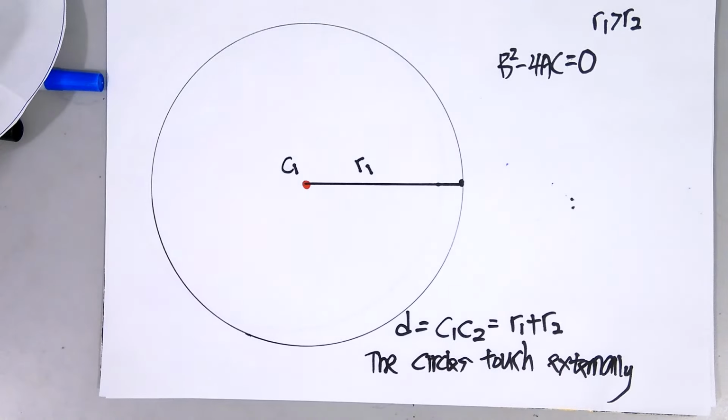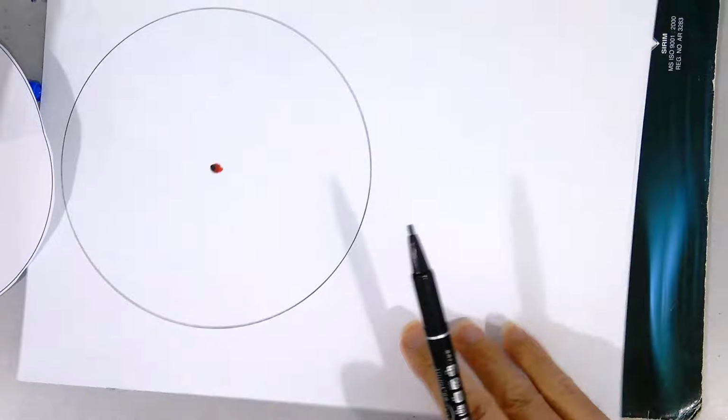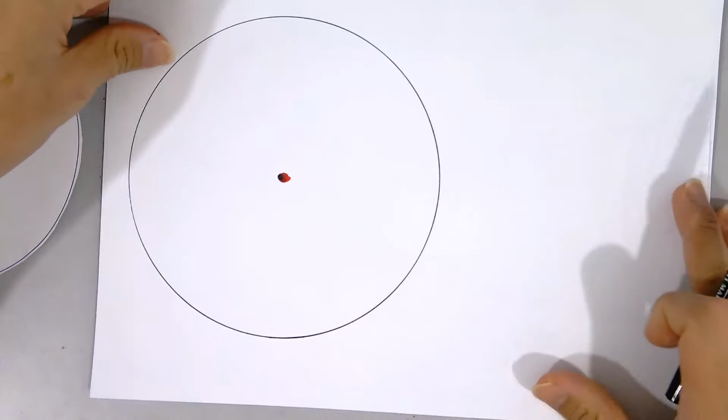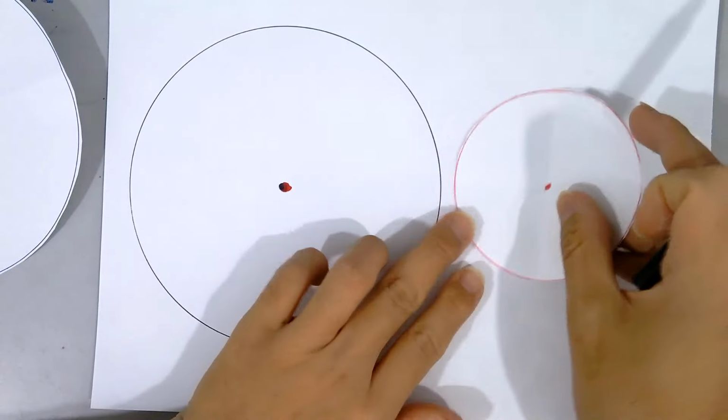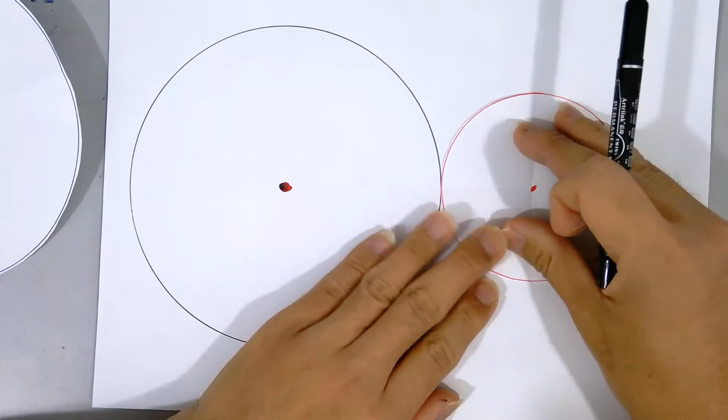But it's different when the two circles touch internally. The b squared minus 4ac discriminant can't really show this situation, so we need the help of this knowledge here.